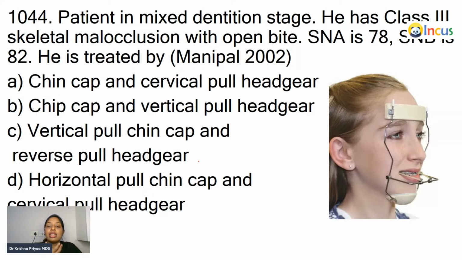Because the mandible is already growing faster, they want to control the vertical growth. It means the patient already has the condition of an open bite. Generally in open bite, as we discussed in habits, the lower anterior facial height will be increased. So in order to reduce the vertical dimension, they are going for a vertical pull chin cap along with reverse pull headgear. For reverse pull headgear, the conditions are mixed dentition, class 3 and the ceph values.